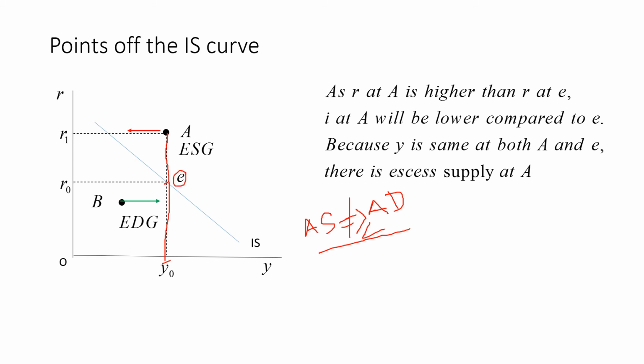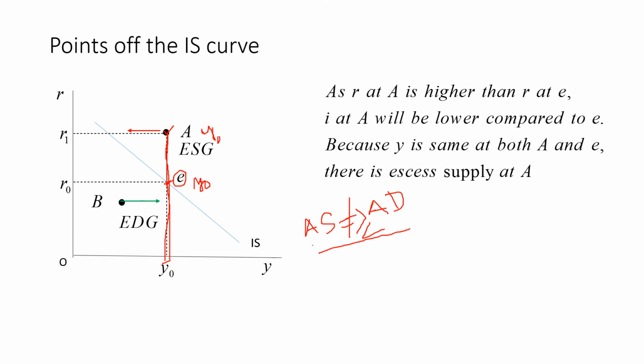Now consider point A with point E. Remember, y at A is exactly equal to y at E because they are on the same vertical line. So at E, y is y0, and at A, y is also y0.